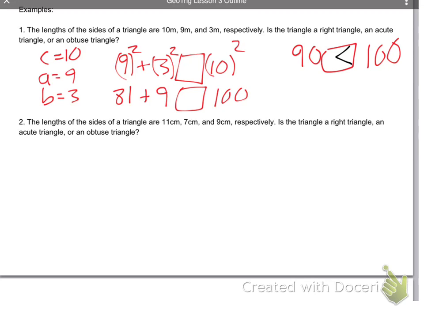And so that means the C value is bigger. That's obtuse. And it kind of just seemed that way just by looking at the numbers, right? Are we seeing what we have to do? Yes. Then I want you to do the same thing with number 2.